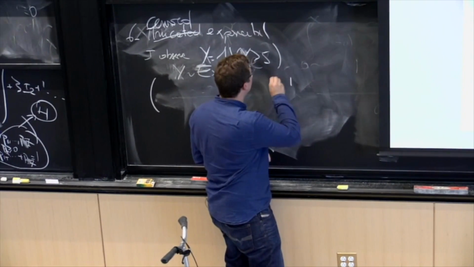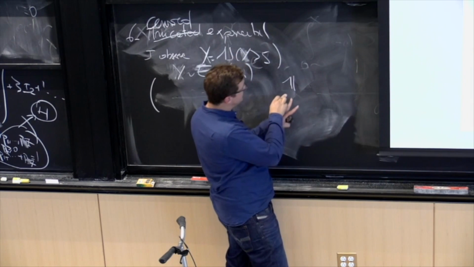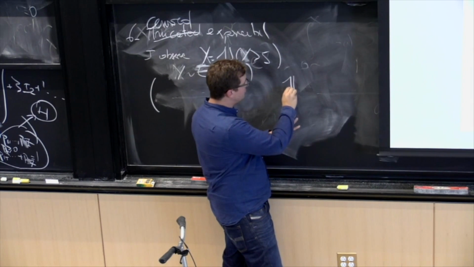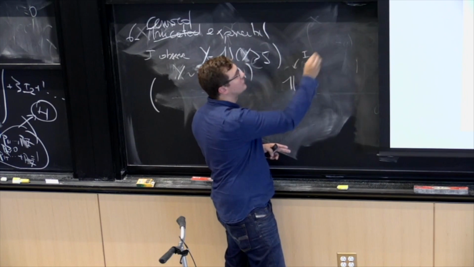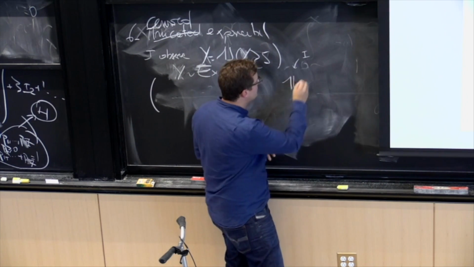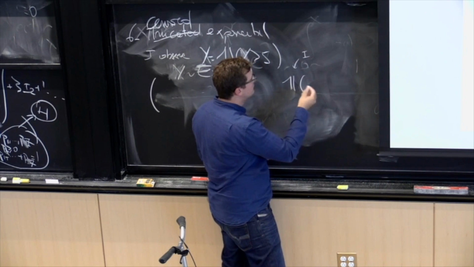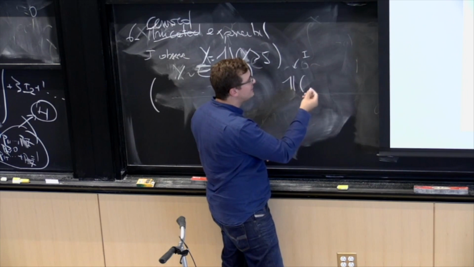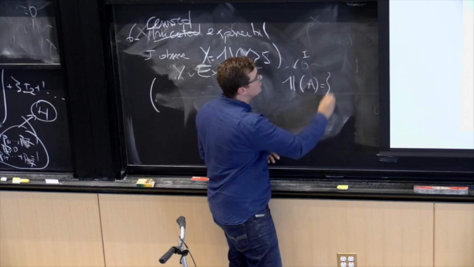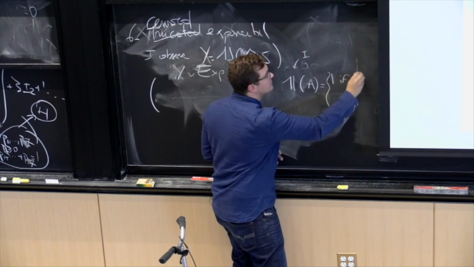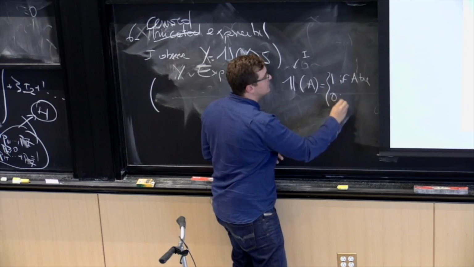So this is called an indicator. If I wrote it well, that would be 1 with a double bar. You can also write I if you prefer, if you don't feel like writing 1 with double bars. And 1 of A is equal to 1 if A is true, and 0 if A is false.